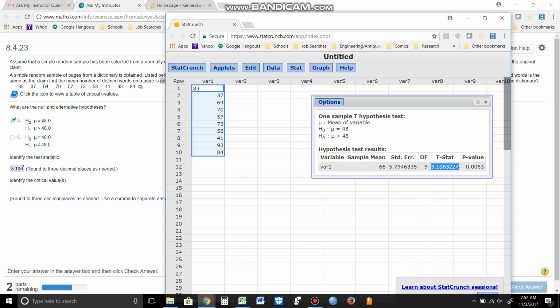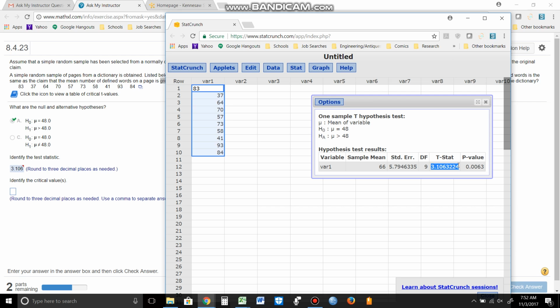Why? Because even though there is normality, there is no population parameters provided, no population standard deviation specifically. Second, the sample size is less than 30. So under those conditions, I'm going to have to use the t-stat as opposed to the z-stat.